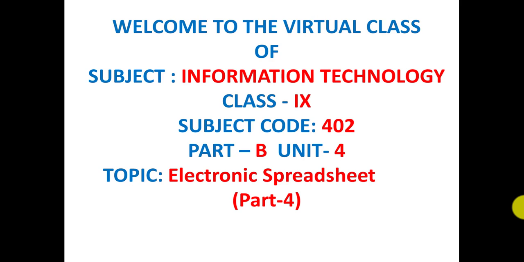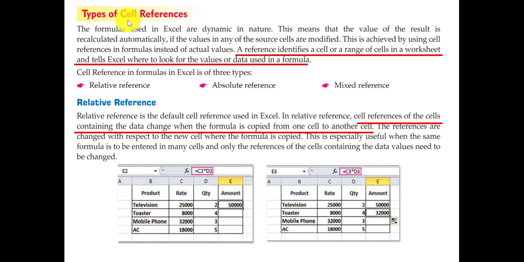Today we are doing Part B, Unit 4, Electronic Spreadsheet, Part 4. Types of cell references. Before learning the different types of cell references in Excel, we must know what we mean by cell reference.